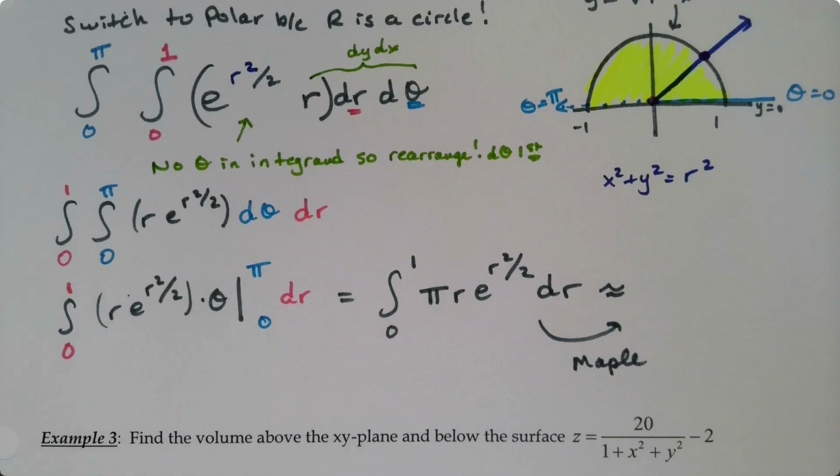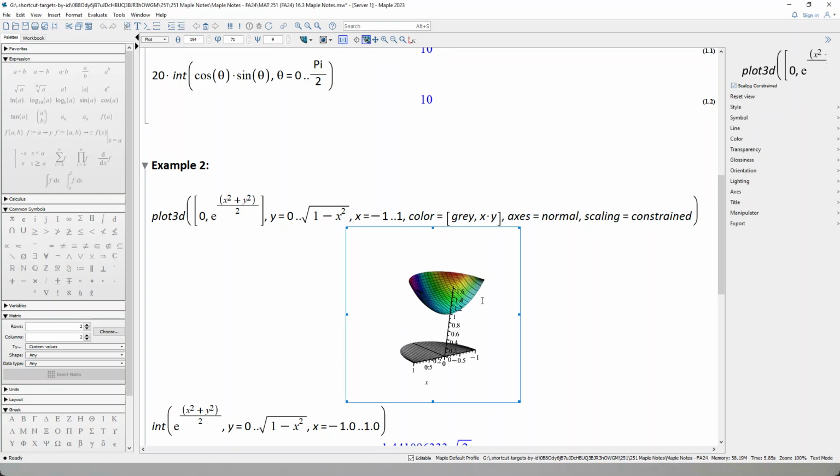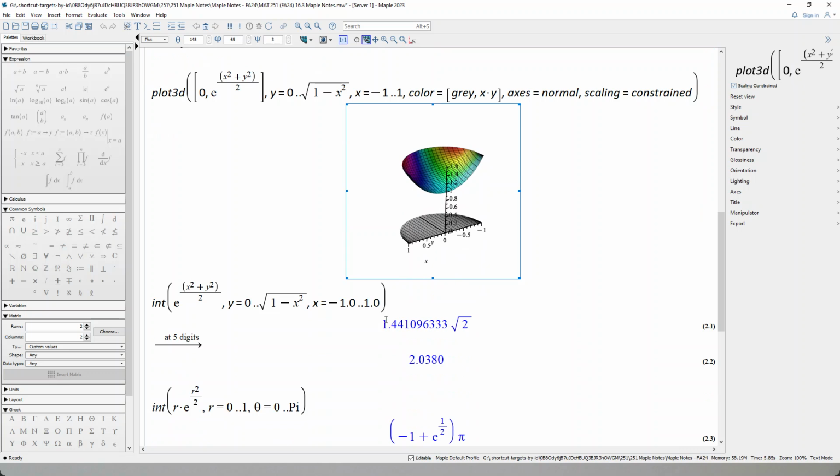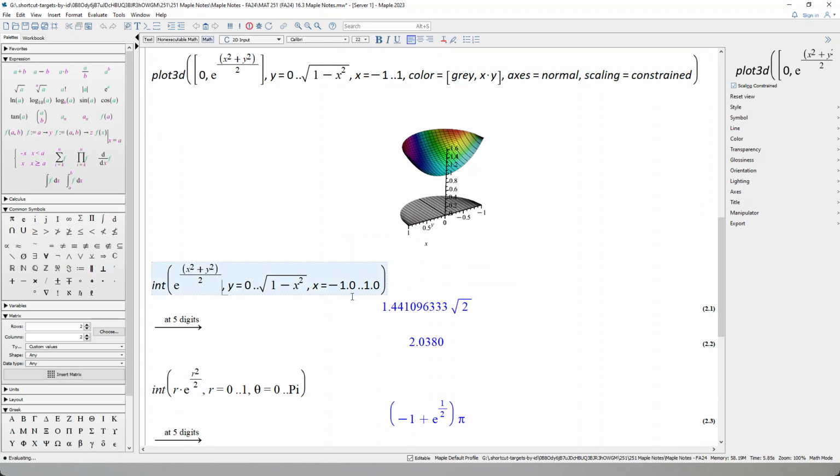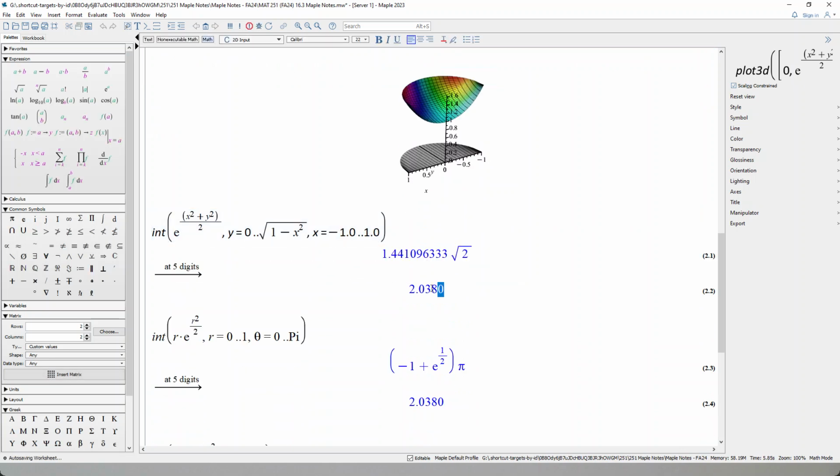All right, so let's go look at Maple. Okay, so just so you can see, there's the surface right there. There's the shadow that's cast. It's definitely a semicircle. I did the original integral as it was given, and then I got a decimal approximation. And then I did the integral as we changed it. This is a way you can check that your changing of things was correct. You can verify that the original given integral and your new polar integral are the same.